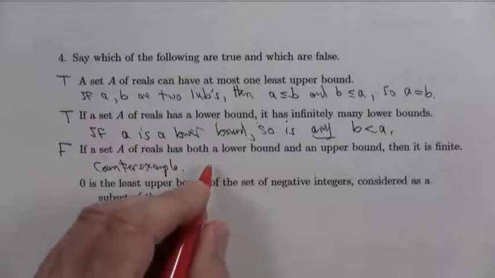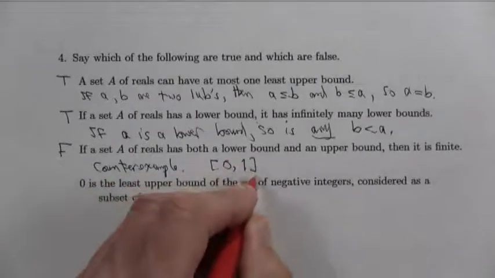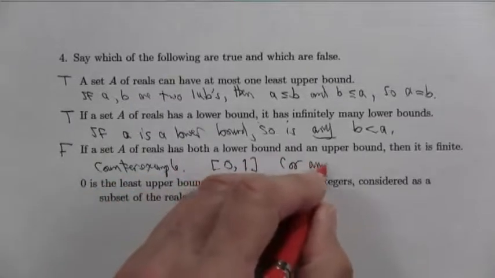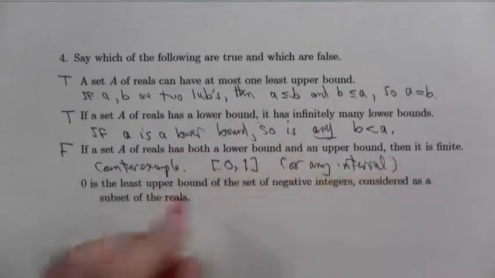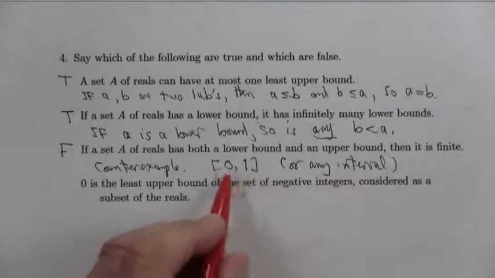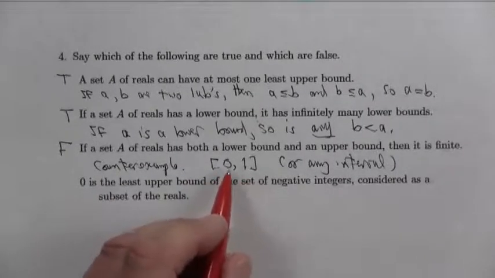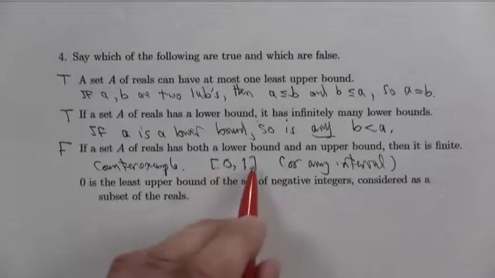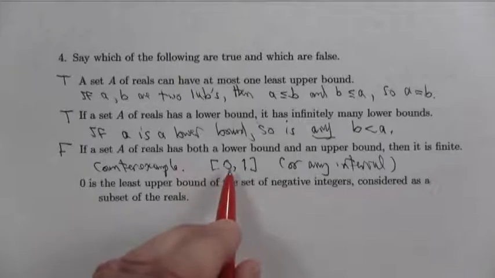Let's just take any interval, 0, 1. Any interval will do. An interval contains all the real numbers, in this case between 0 and 1 inclusive. Closed interval includes the endpoints. So it's an infinite set.